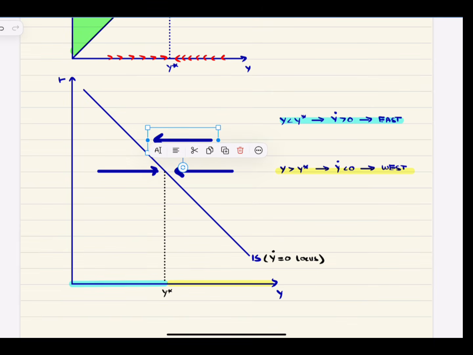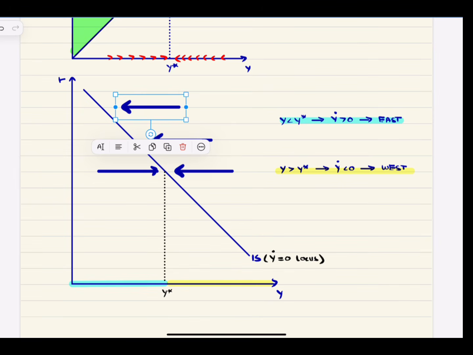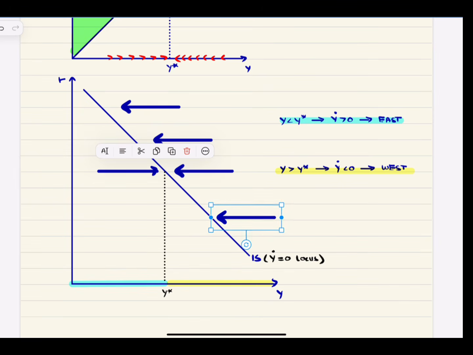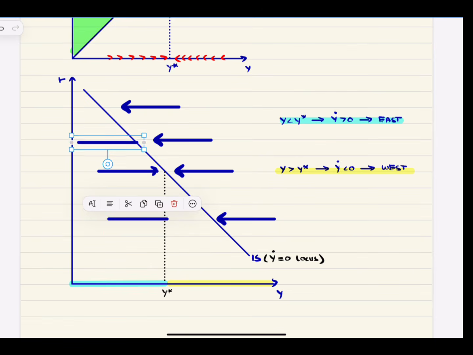So I'm going to get this here, I'm going to get this here, I'm going to get it again over here. Similarly, these arrows will also be repeated in all directions to the left. So I'm just going to put this here just to show you guys how this works.